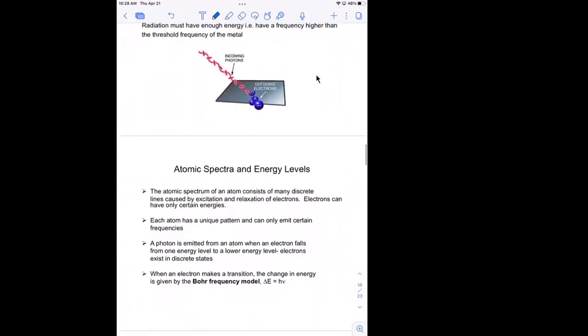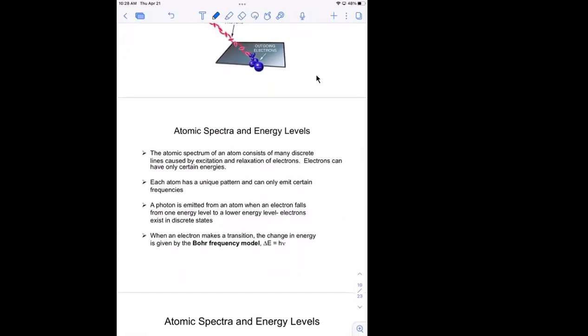But when we think about this, it also brings up another point. When you have an atomic spectrum for a given atom, you have different lines in that spectrum because you have different energy levels of electrons, right?